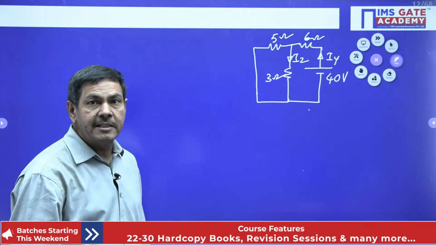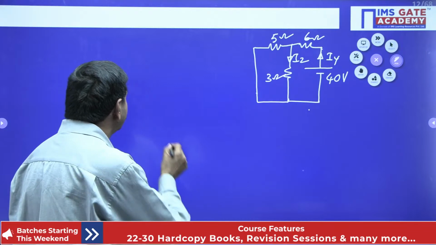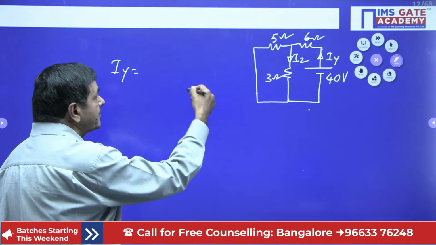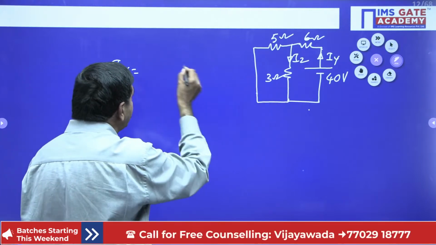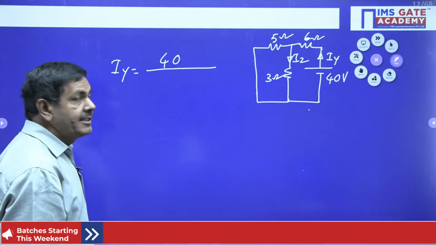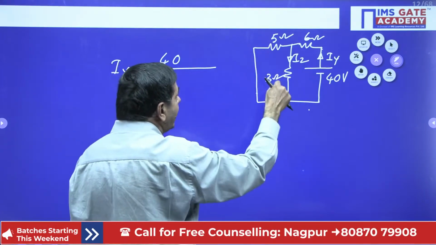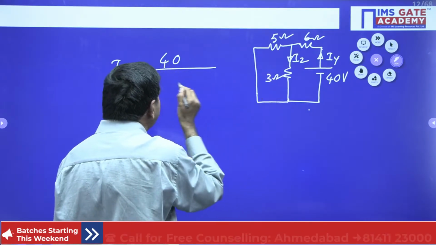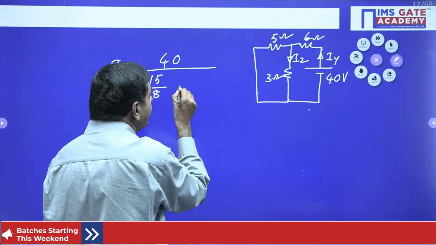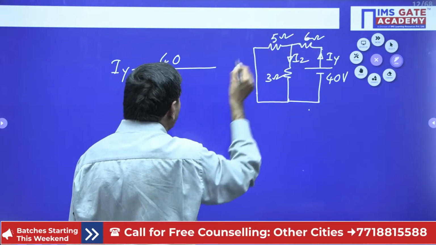How can you measure the IY value? Yes, we can find it in this way. IY is voltage divided by total resistance. Total voltage is the 40 volts, divided by total resistance, which means 5 and 3 are in parallel: 5 into 3, 15, by 5 plus 3, 8, plus, in series with 6 ohms, plus 6.